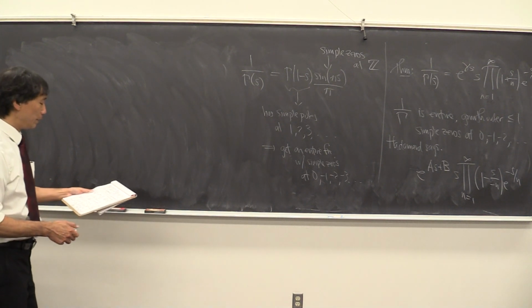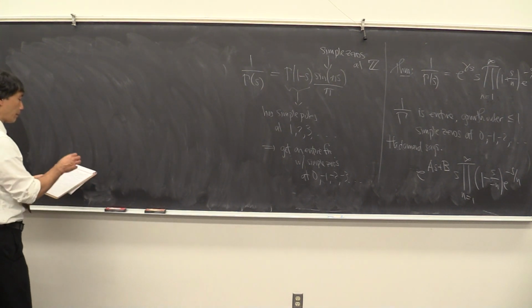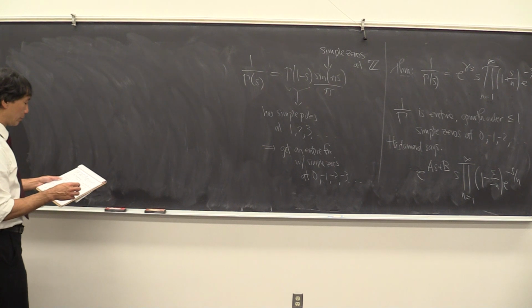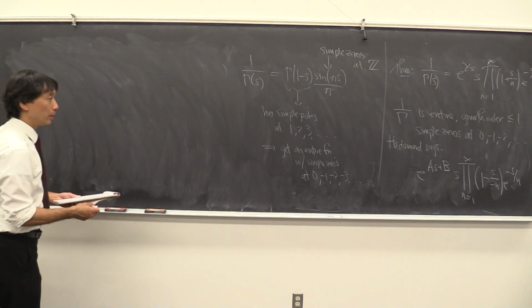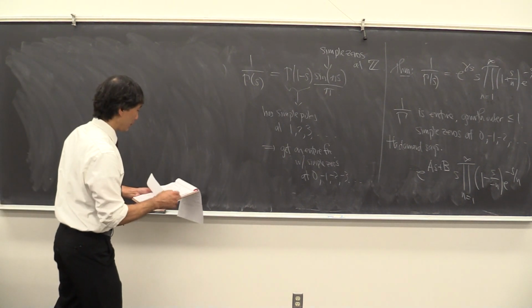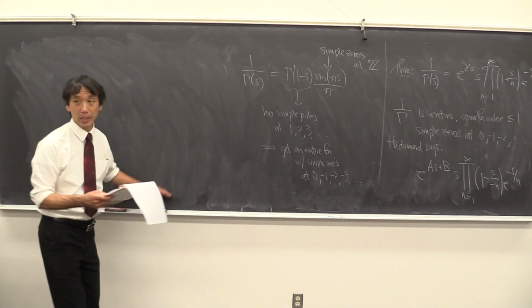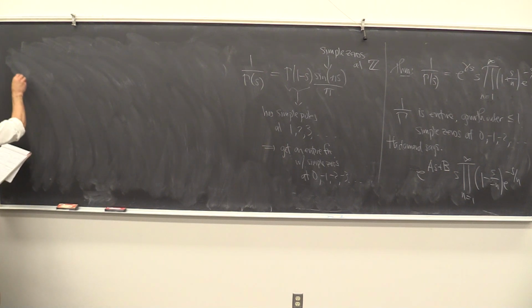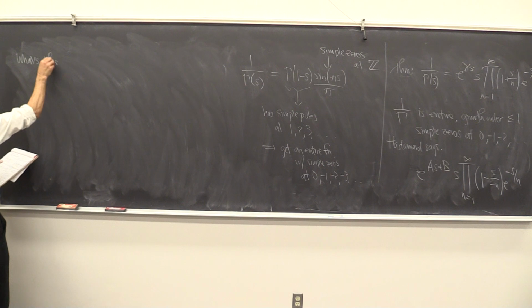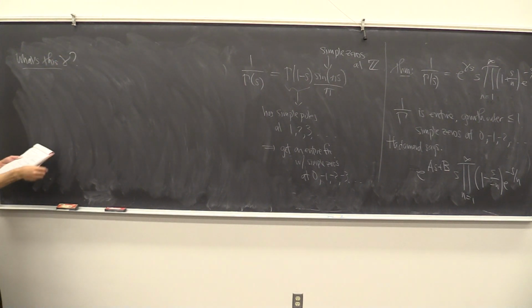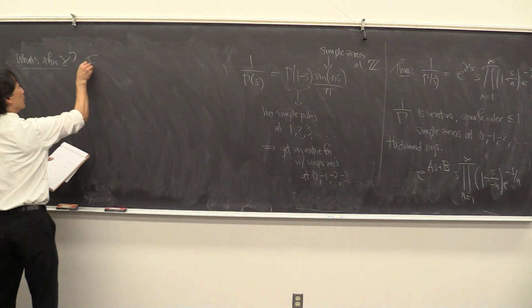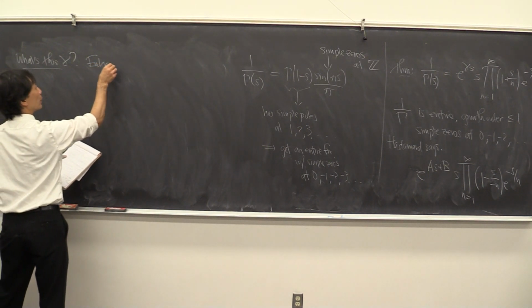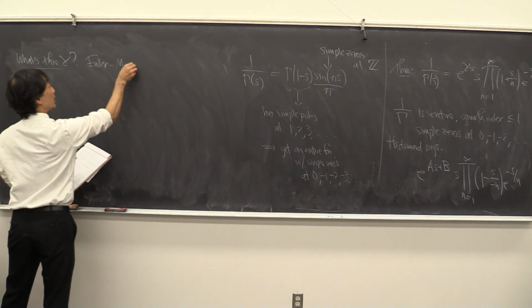Okay, so actually, before we do that, let me explain what I mean by gamma. What's this gamma? This is something called the Euler constant, or the Euler-Mascheroni constant.